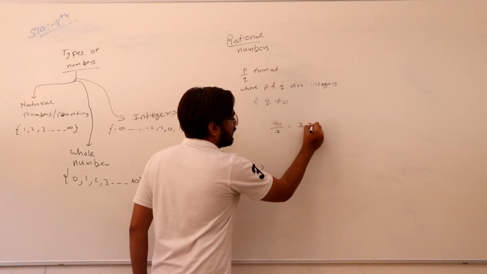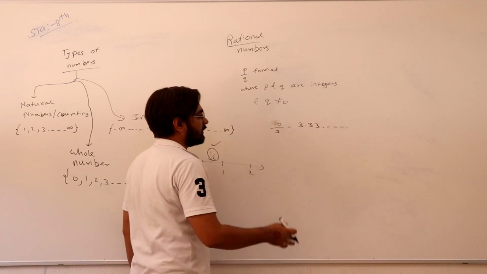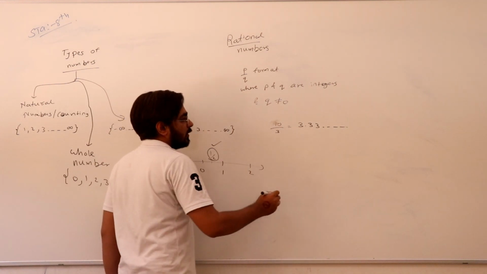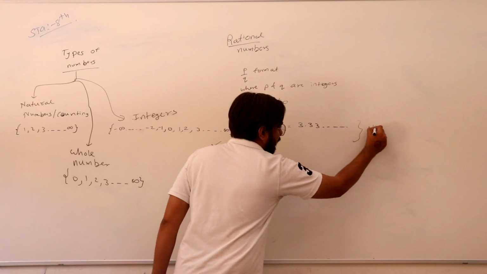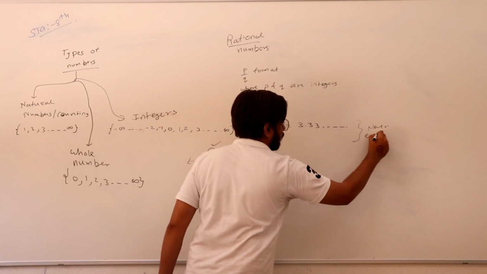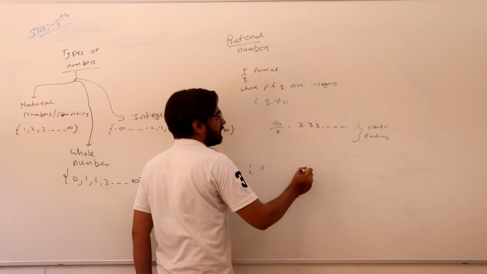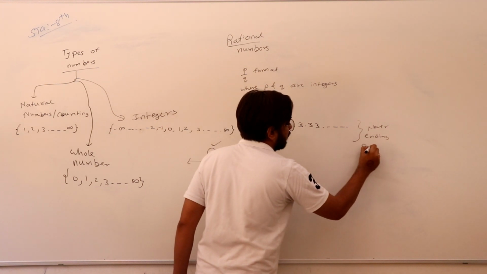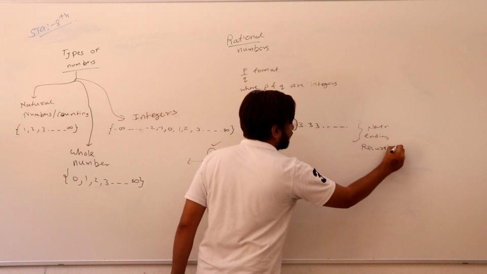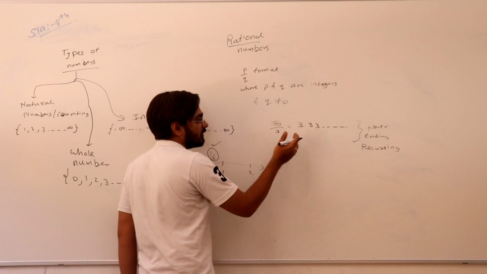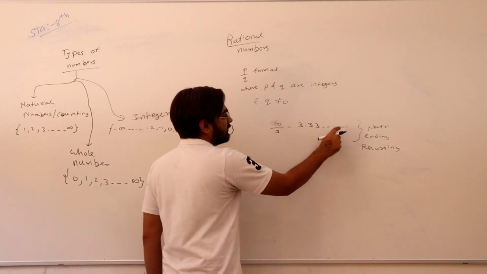Suppose we have a number whose answer will be 3.333 and so on. Sir, this is a never ending number. It is a never ending number, but at the same time it is a recurring number. Recurring means it repeats its digit, 3.333 and so on.